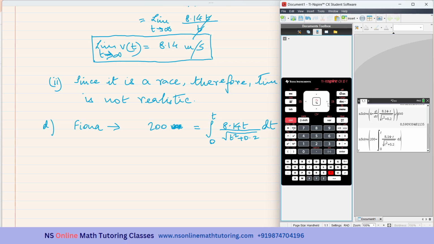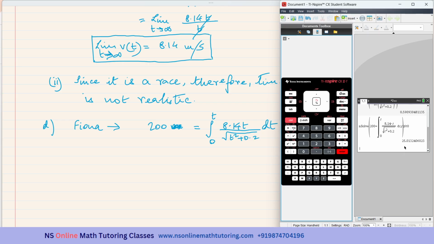Okay, and comma and t, and again the condition t is greater than or equal to 0.